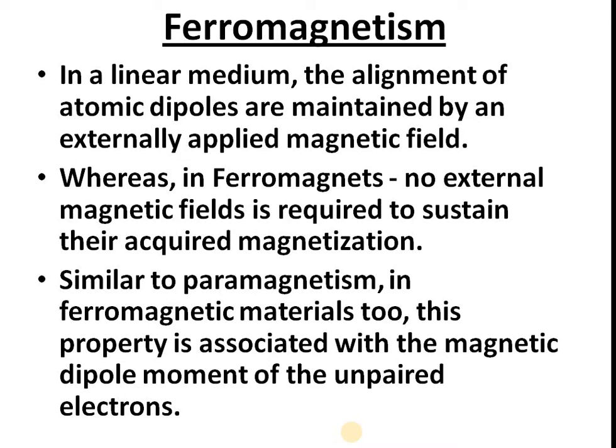They are still aligned in a particular fashion. There is a residual magnetic property. That's called residual magnetism. Residual means something remained back after the withdrawal of the applied field.